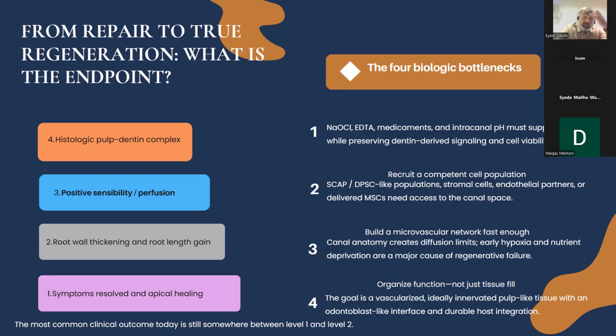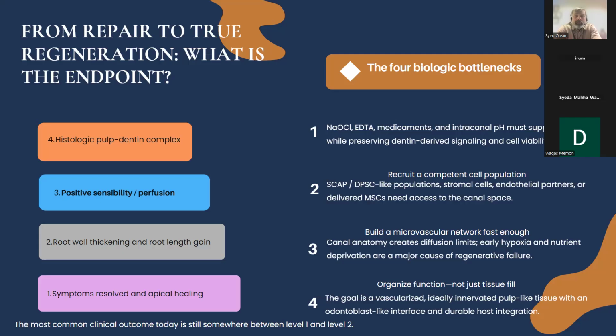The tissues that we develop by tissue engineering strategies, whether electrospinning, freeze gelation, growth factors, VEGF, or angiogenic growth factors, really lack histologic pulp dentin complex, exactly true histological regeneration, and the pulp sensibility.